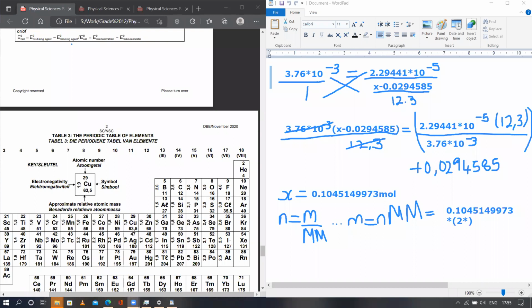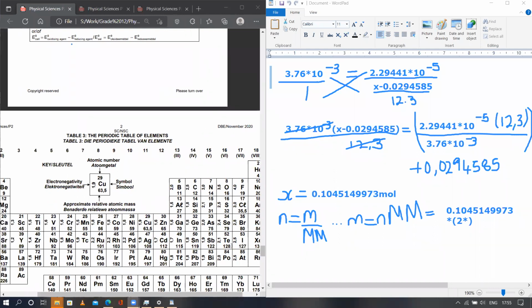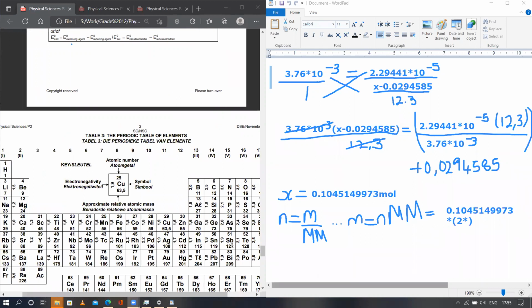So the molar mass of iodine is 127. So we're just gonna multiply that by 127 and close our bracket.